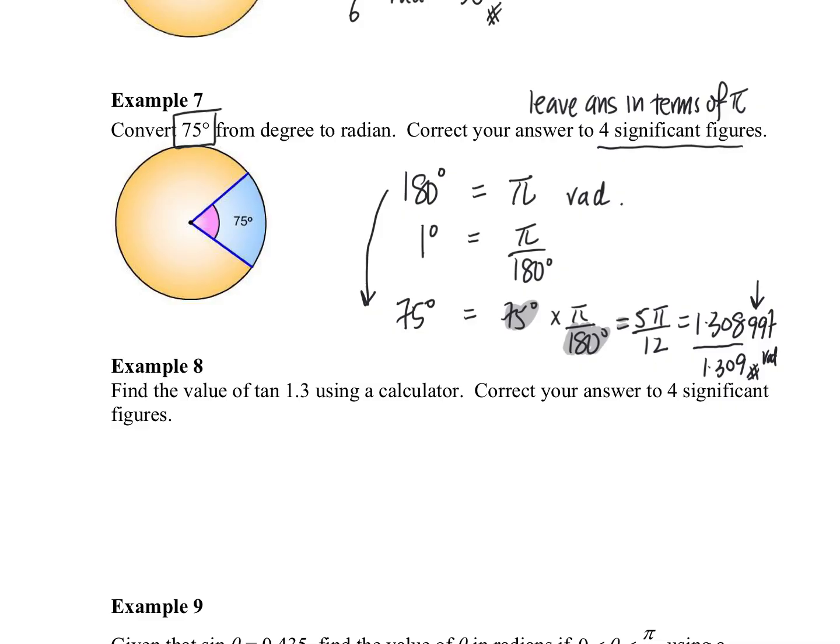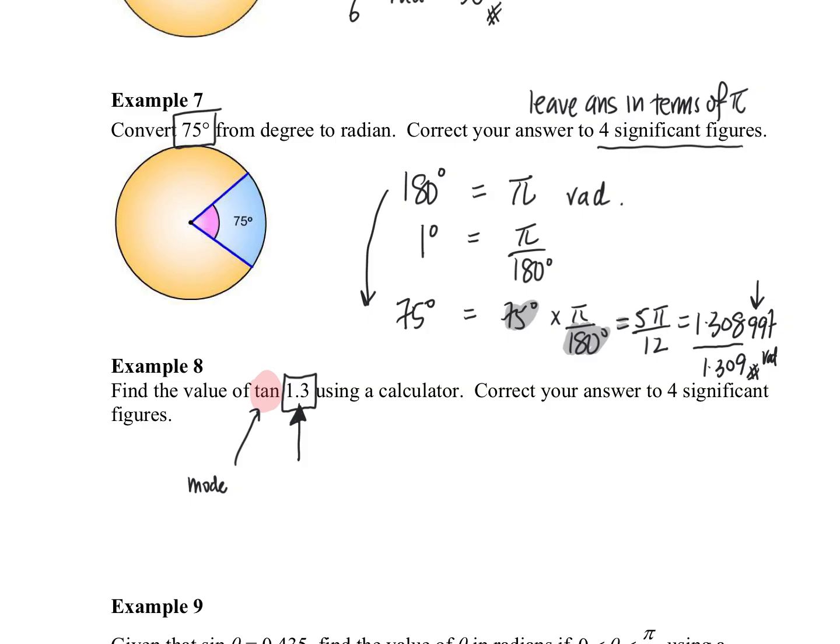Okay, next one. When you see a trigo function, this is very important. When you see trigo function, straight away you need to think about the mode. Okay, your calculator mode, because it will affect your answer. So this one is in degree or radians?